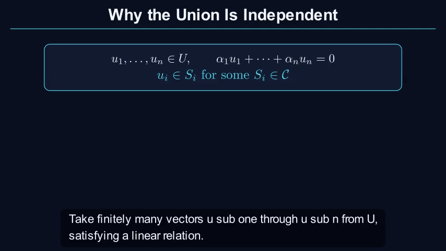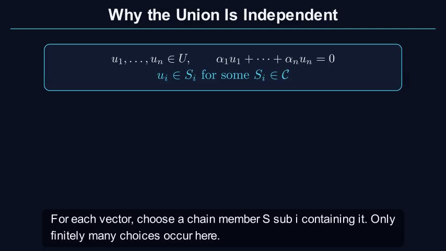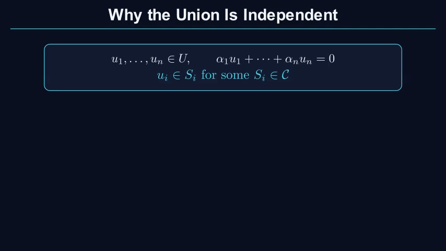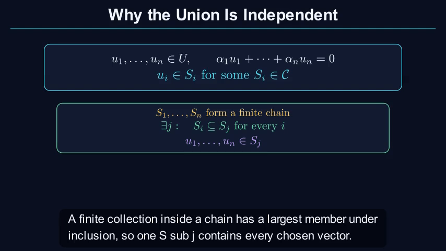Take finitely many vectors u sub 1 through u sub n from U, satisfying a linear relation. For each vector, choose a chain member S sub i containing it. Only finitely many choices occur here. A finite collection inside a chain has a largest member under inclusion. So one S sub j contains every chosen vector.